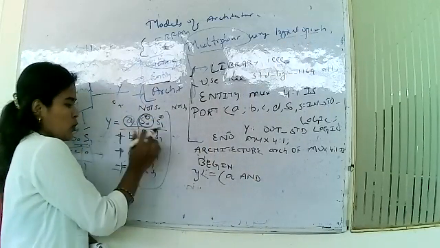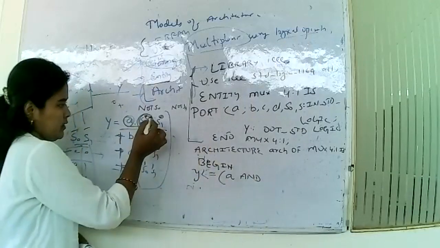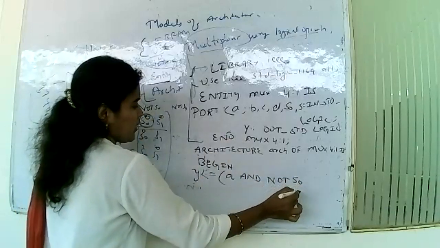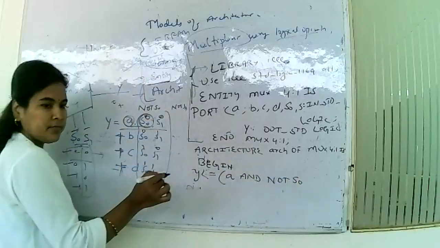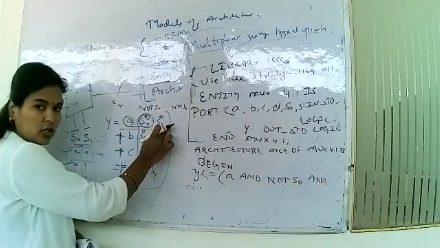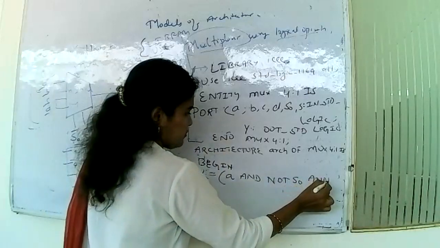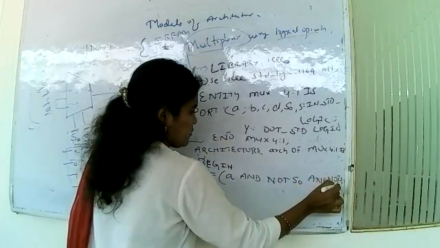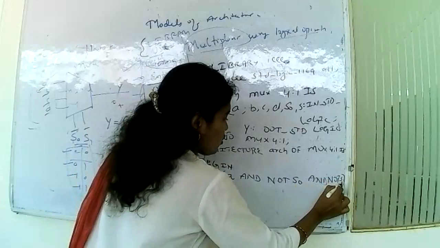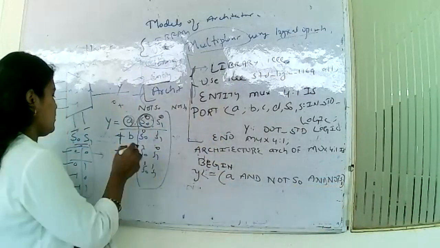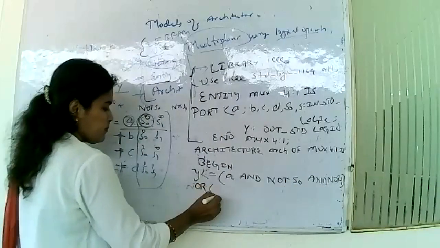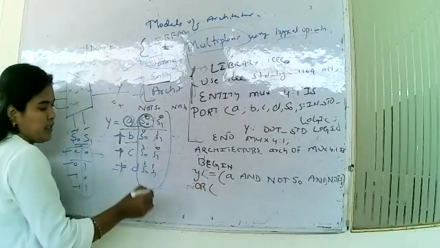So A and not of S naught, and not of S1. Then a plus means or. Next thing is B.